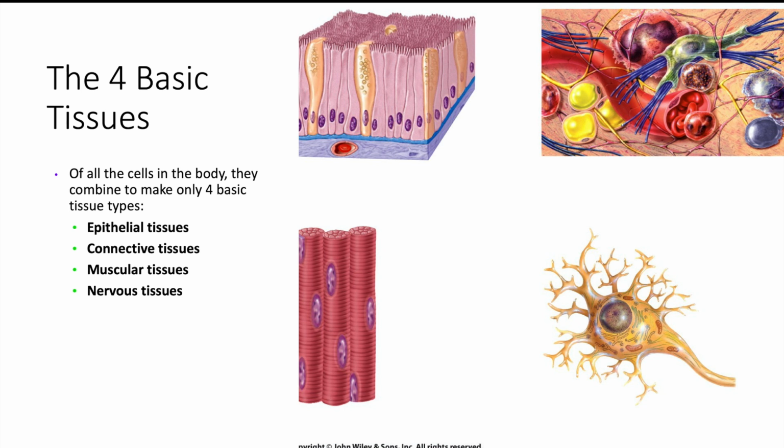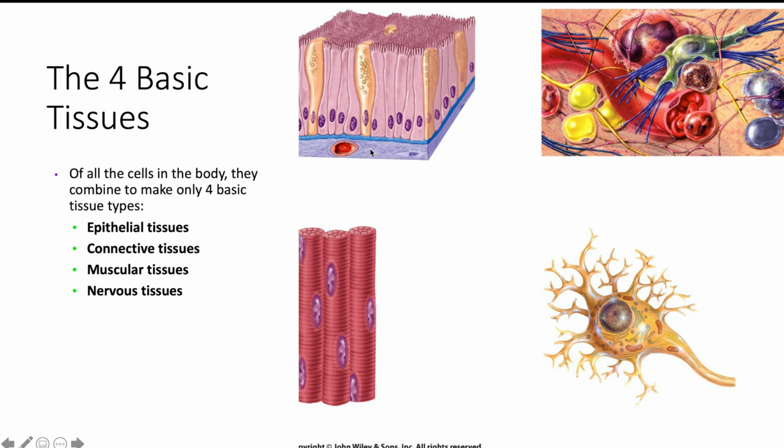Within the blood vessel lining, you have an epithelial covering. In your digestive system, you have epithelial tissue lining. Inside your sweat gland tubes, you have a lining of epithelial tissues. So they cover things. That's a basic idea of them.